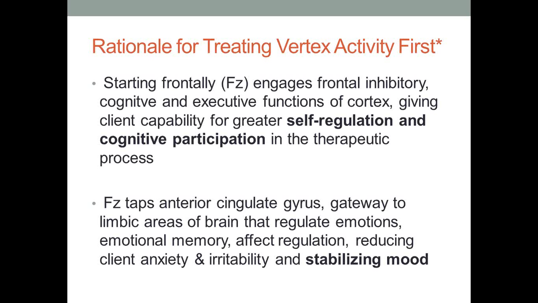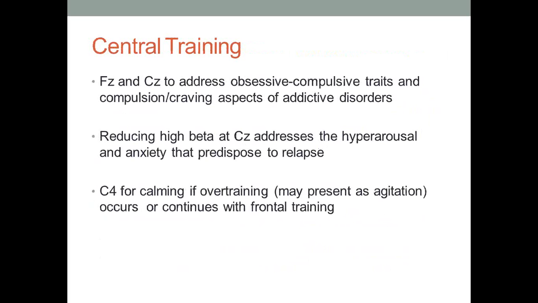It reduces anxiety and irritability, and stabilizes mood as well. The central training addresses the obsessive-compulsive traits, the compulsion and craving aspects of the addictive disorders, and reducing high beta at CZ addresses the hyperarousal and anxiety that predispose to relapse.